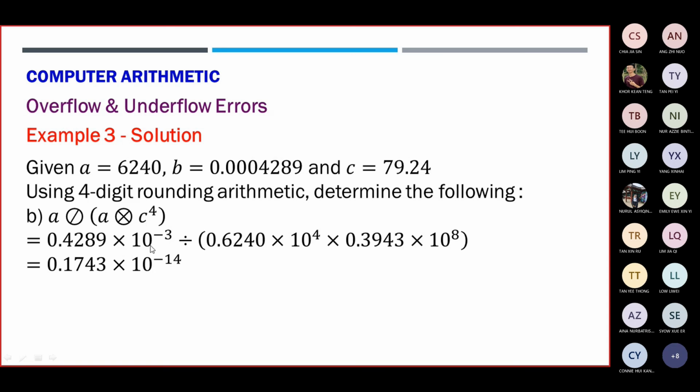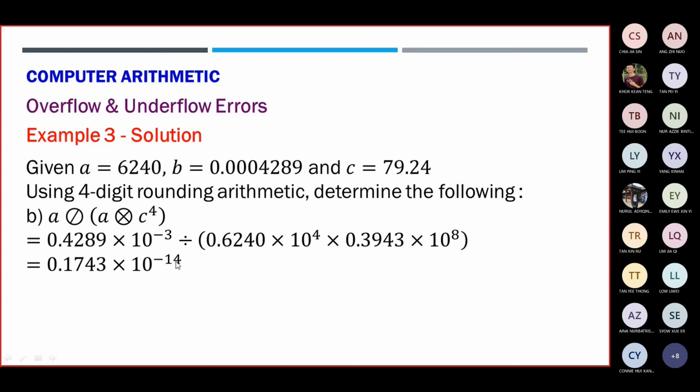Then divided by 0.6240 times 10 power of 4 times 0.3943, which I already calculated. The c power of 4 becomes 0.3943 times 10 power of 8. Then your final answer will be 0.1743 times 10 power of minus 14.